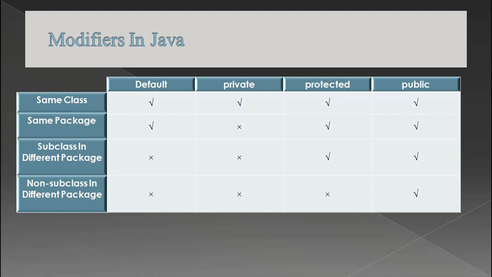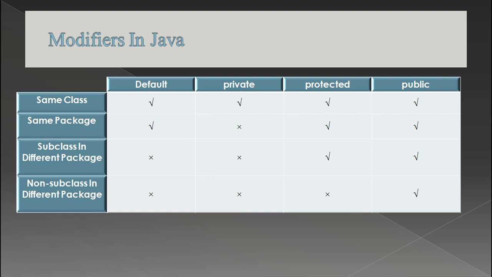And in case of protected, a protected class, variable or method can be accessed within the same class and within the same package, and outside the package only when the calling class is a subclass.